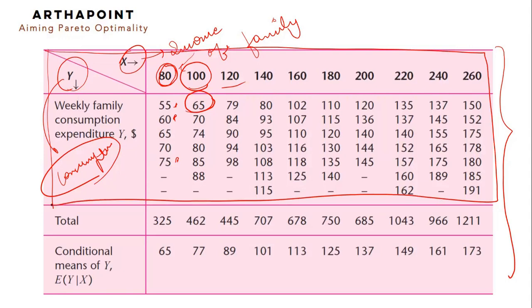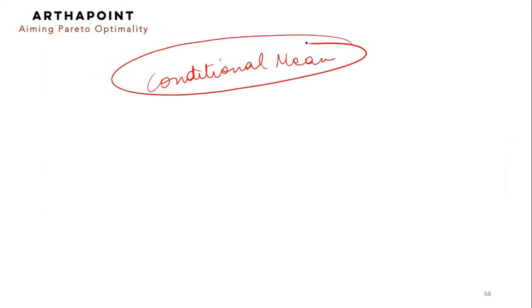Now, what I'm going to do is I'm going to find something which is known as conditional mean. Let's understand the concept of conditional mean first. Conditional mean, as the word suggests, is conditional on a given level of income.